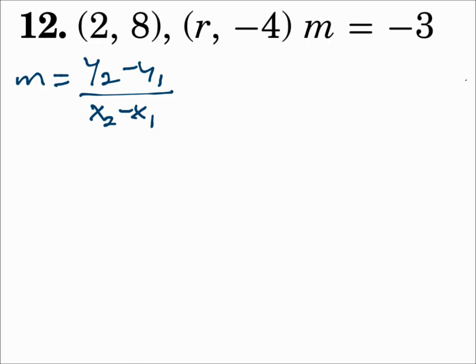Number 12. Let's use the slope formula and substitute our values in and solve for r. M is -3 equals y2 is -4 minus y1 is 8 all over x2 is r minus x1 is 2. So get your values substituted in, and now we'll solve for r.